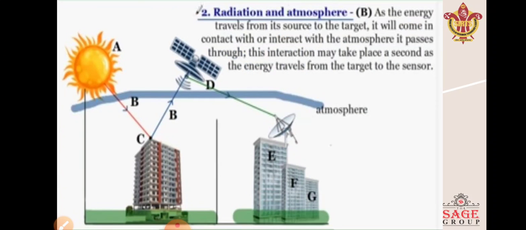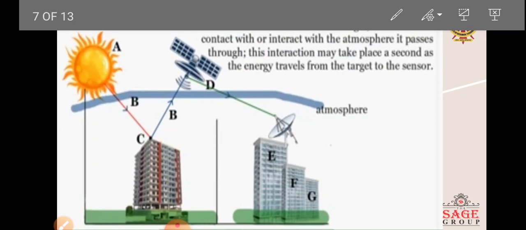Next step is radiation and atmosphere. As the energy travels from its source to the target, it will come in contact with or interact with the atmosphere it passes through. This interaction may take place a second time as the energy travels from the target to the sensor.